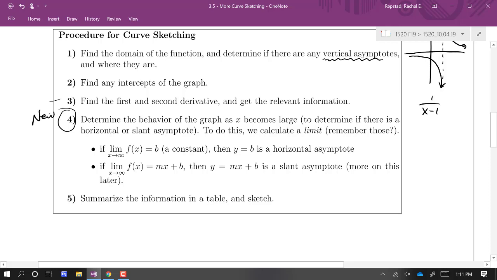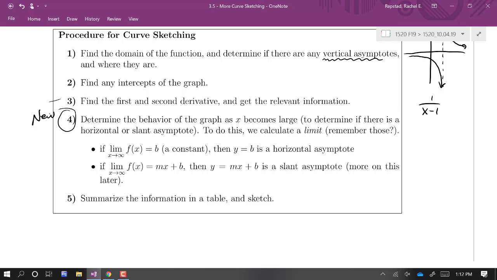Determine the behavior of the graph as x becomes large. With a regular polynomial, the behavior of the graph as x becomes large is always the same. It just continues up forever or continues down forever. Now that can still happen in these rational functions, but sometimes we also get a leveling off behavior. For example, 1 over x minus 1. As x gets huge, this thing just gets really small, right?